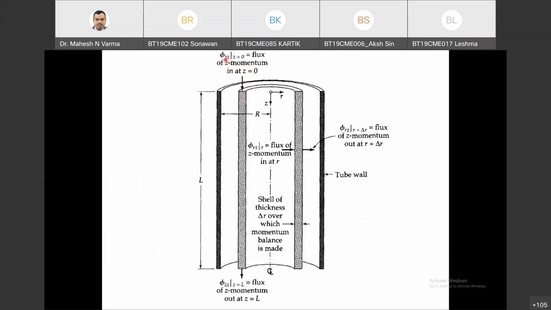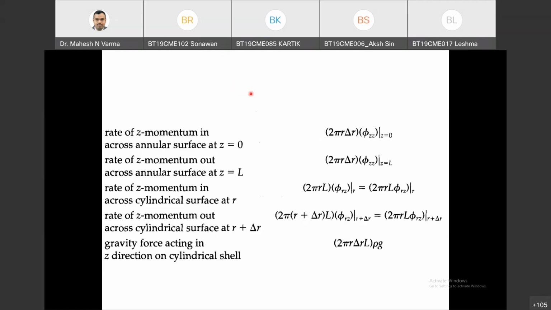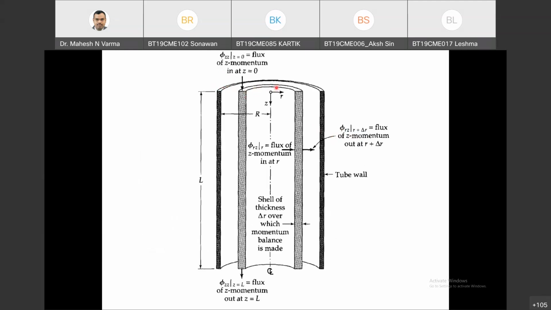That will be phi zz multiplied by this surface area, twice pi r into delta r. This is the total surface area, the cross section taken.